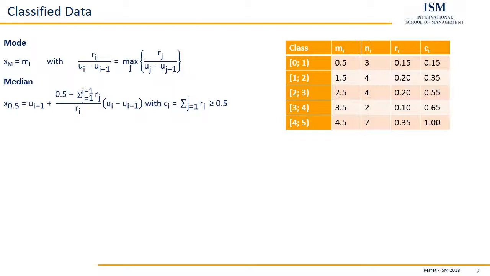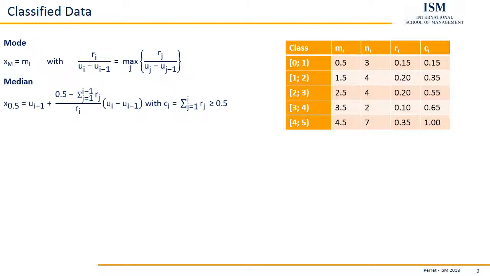Then we take the ui minus 1, being the lower bound of my class, so 2, plus 0.5 minus, then we have a large sum there. The sum basically means take the cumulative relative frequency of the class before this. So here we are in the class 2 to 3, so we need to subtract from the 50% the 0.35, the cumulative relative frequency of the class 1 to 2.